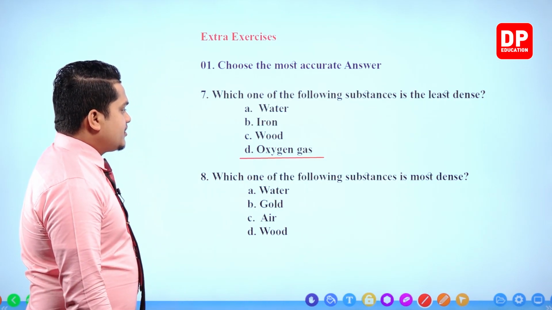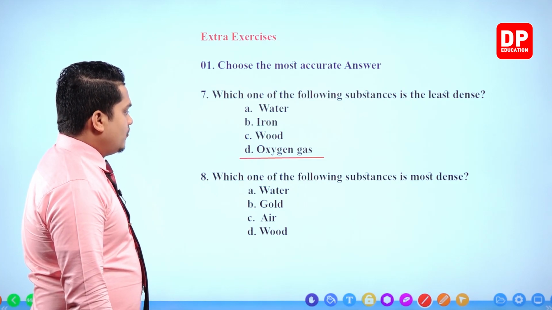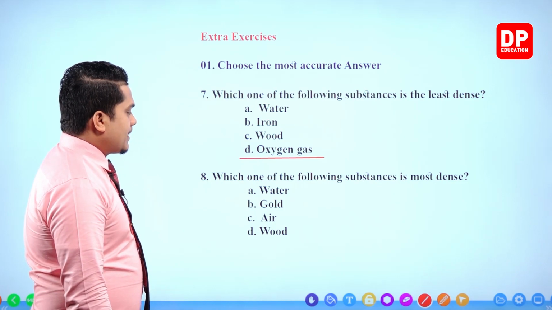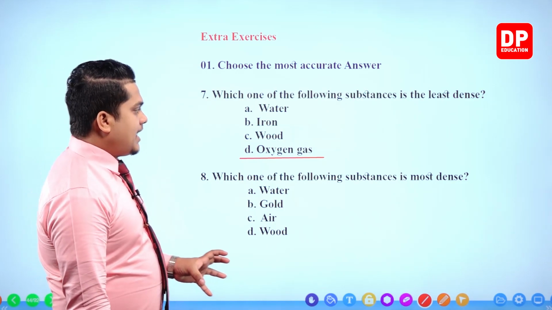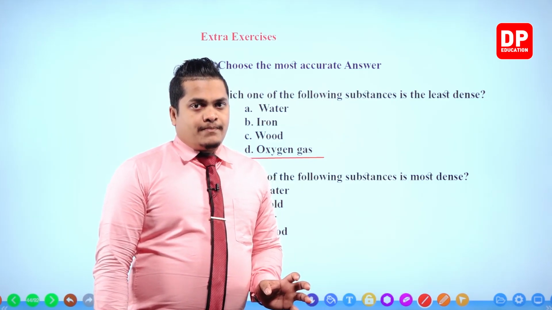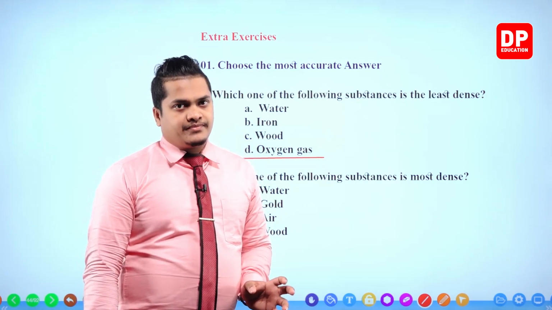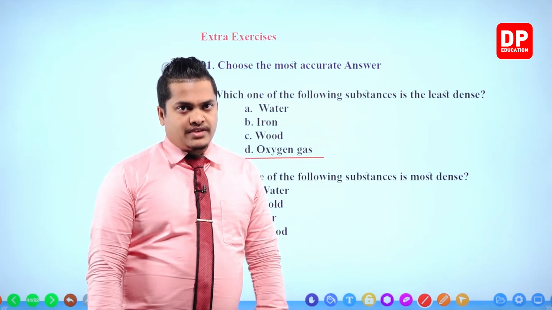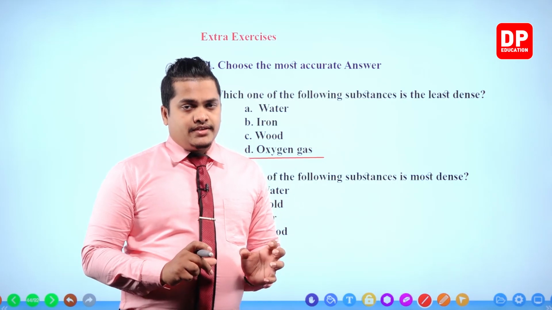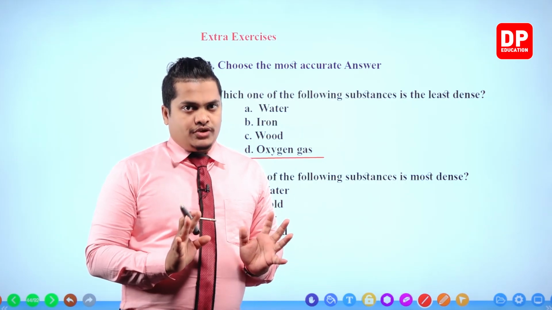Next one. Which of the following substances is the most dense? Most dense. Water, gold, air and wood. So if a certain thing has a greater density, my dear children, the particle arrangement would be somewhat tighter. They have tight particle arrangements, because if the particle arrangement is tighter, then more particles can be observed within a unit volume.